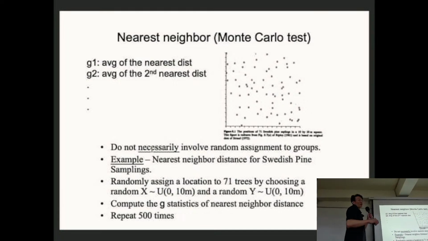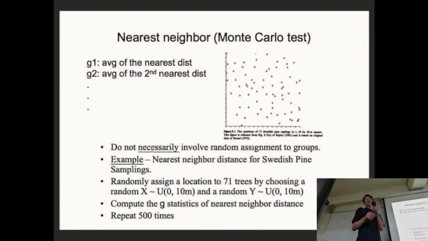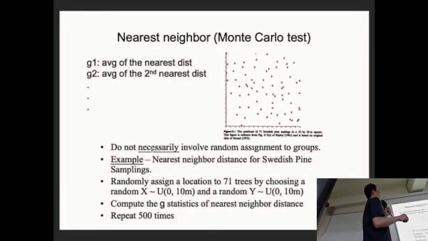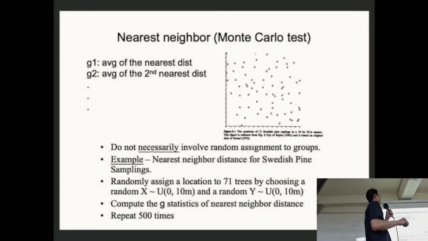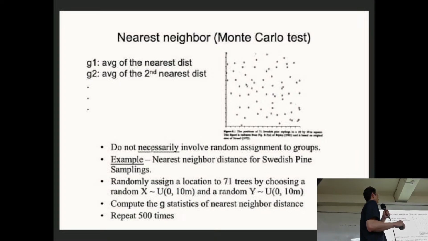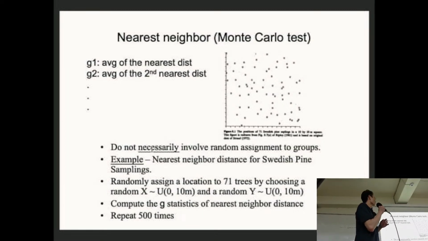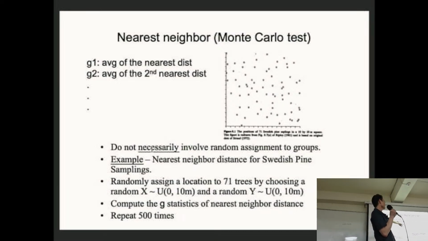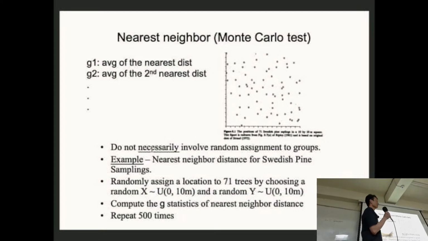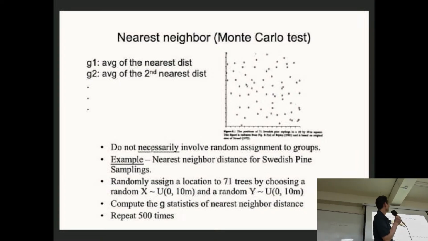This is from forest ecology 101, where you learn this. It's called the nearest neighbor test using Monte Carlo. Each point indicates the location of each individual tree. Superficially, it looks random on the two-dimensional sampling site.